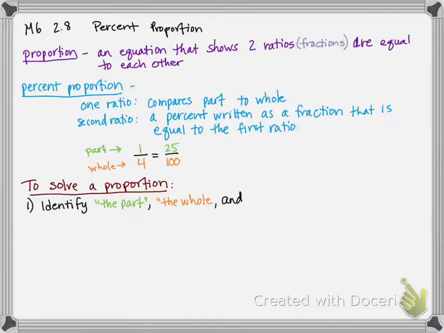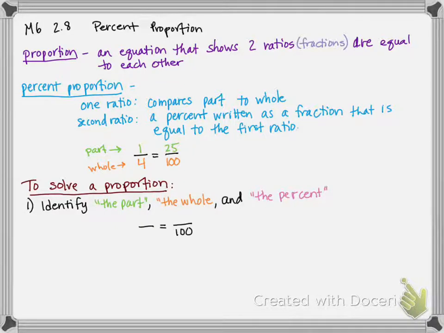Should we give him a color? Let's give him this color. The reason why we're only identifying 3 of the 4 pieces is because the 100 is always there. So here's what it looks like. I'm going to just go ahead and put in the parts that are always in the percent proportion.